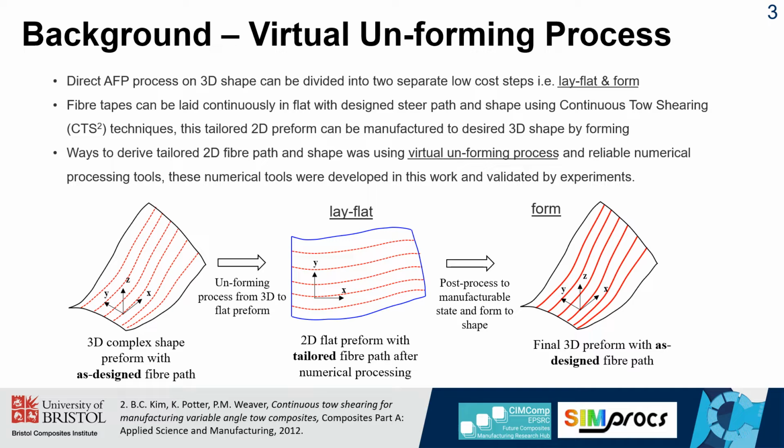This tailored 2D preform can be manufactured to the desired 3D shape by forming, where automated ply deposition and forming are combined. The way to get tailored 2D fiber paths and shape was using virtual unforming simulation. This numerical tool was developed in this work and validated by experiments.